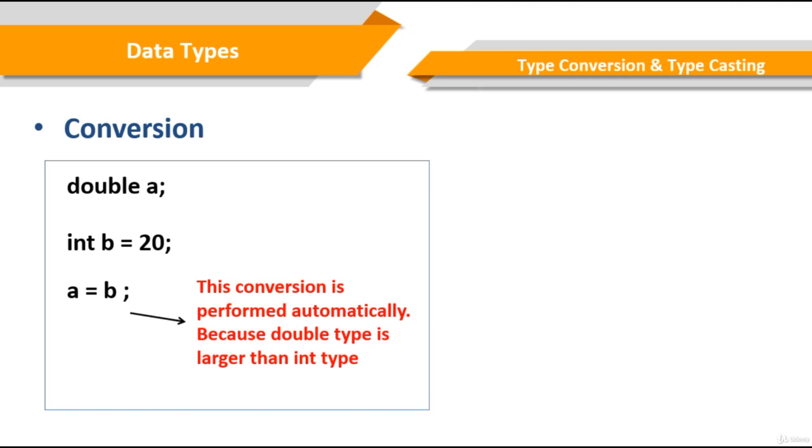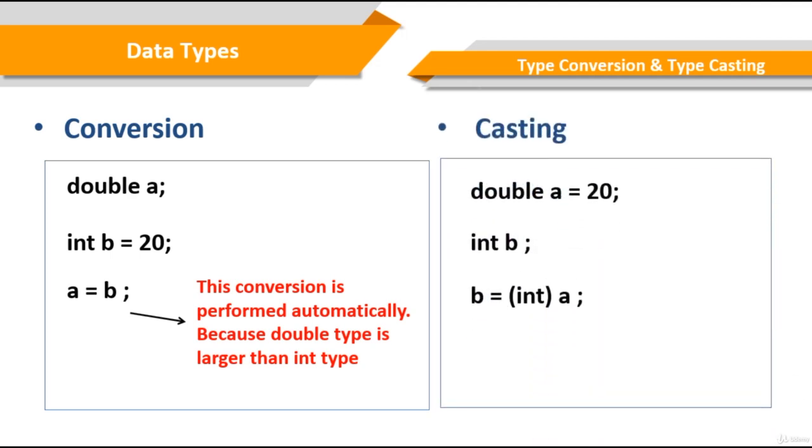Now, if we want to assign a value of a larger data type to a smaller data type, that's when we perform explicit type casting. In our second example, contrary to the first example, we'll define a variable a with double data type and assign a value of 20. Second, we'll define variable b with int data type, but no initial value.